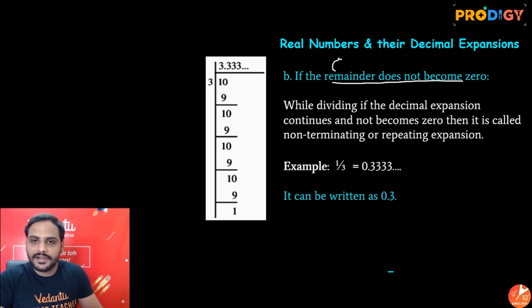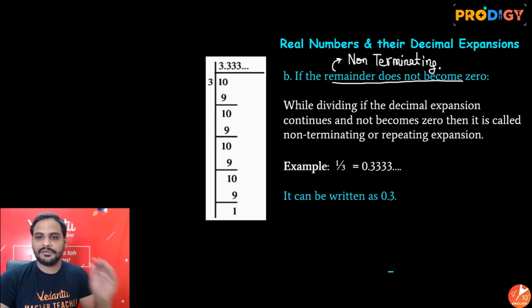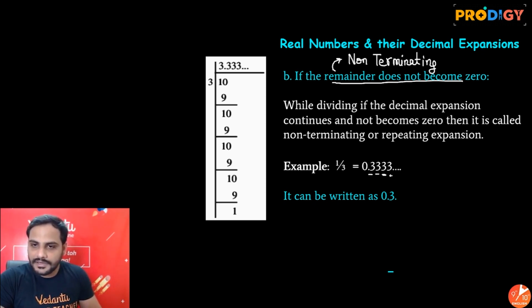These kinds of numbers are called non-terminating. But remember one more thing: there is also one more property. You can see this 3 is repeating itself again and again. Can you see this very clearly?